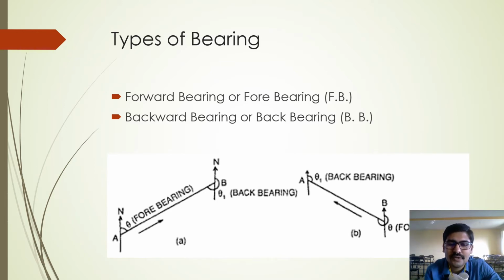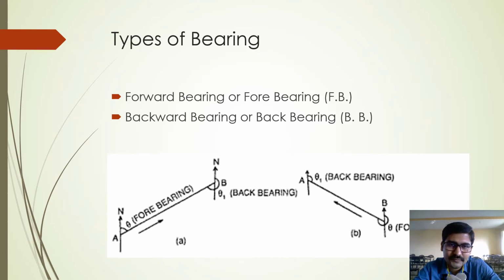It starts from the north direction and is measured in the clockwise direction. That complete angle is the bearing of the line, right? This bearing is measured at the end point of AB, that is at point B. That is why this bearing is called back bearing. Theta 1 in the diagram is the back bearing of the line, whereas theta is the fore bearing of the line.